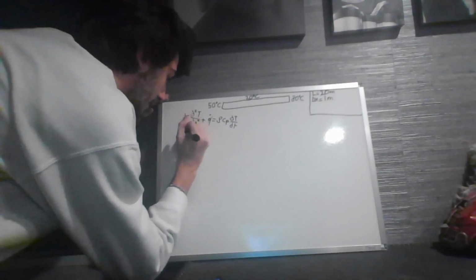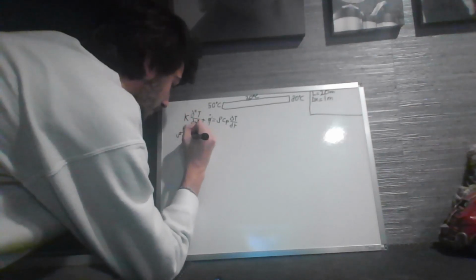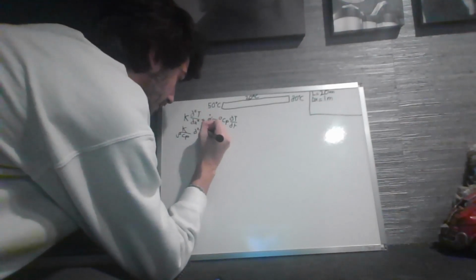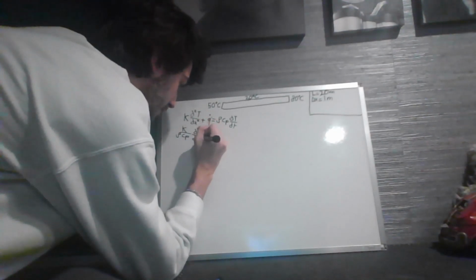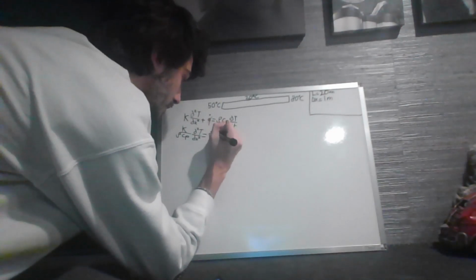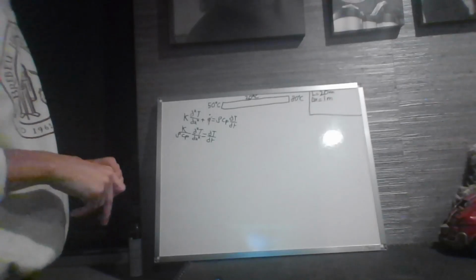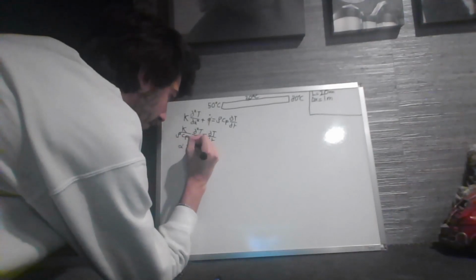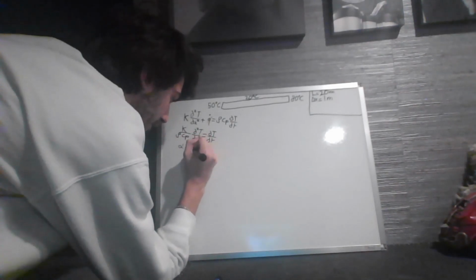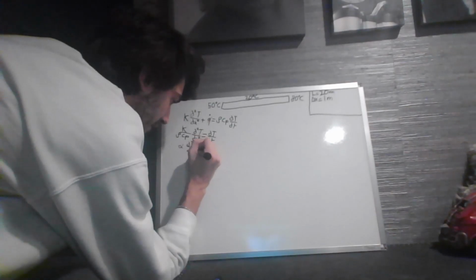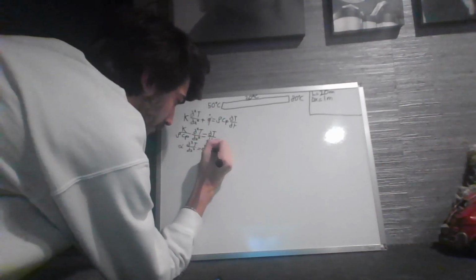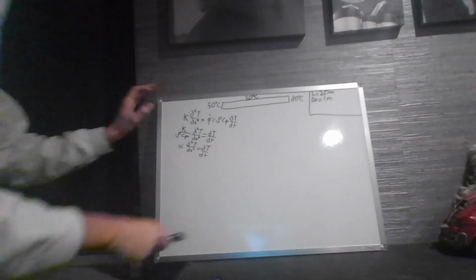So we get K divided by rho times the specific heat capacity times the second derivative of temperature with respect to x squared is equal to the partial derivative of temperature with respect to time. Beautiful. And then, of course, this K over rho Cp becomes alpha, so that we get alpha times the second partial derivative of temperature with respect to x squared is equal to the partial derivative of temperature with respect to time.